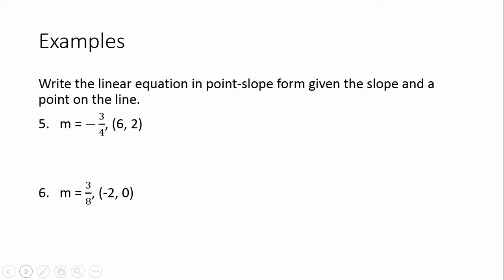So let's write the linear equation in point-slope form given the slope and a point on the line. So we have y minus y1 equals m times x minus x1. Remember, slope goes in for m, and the ordered pair goes in for x1 and y1. So we have y minus 2.